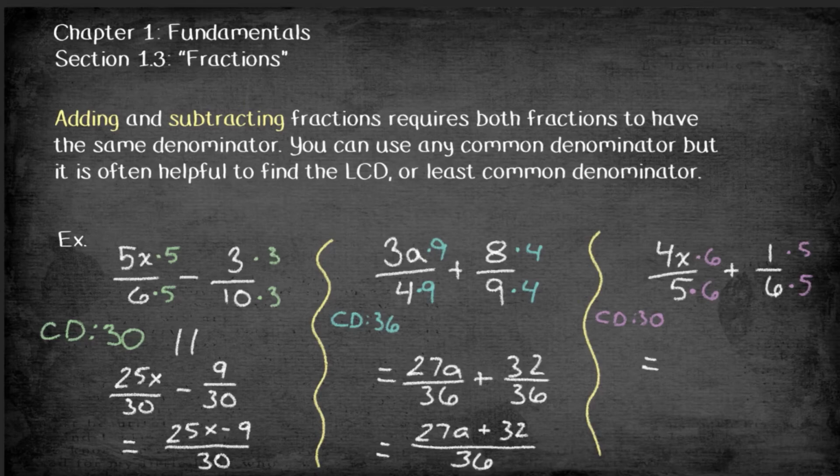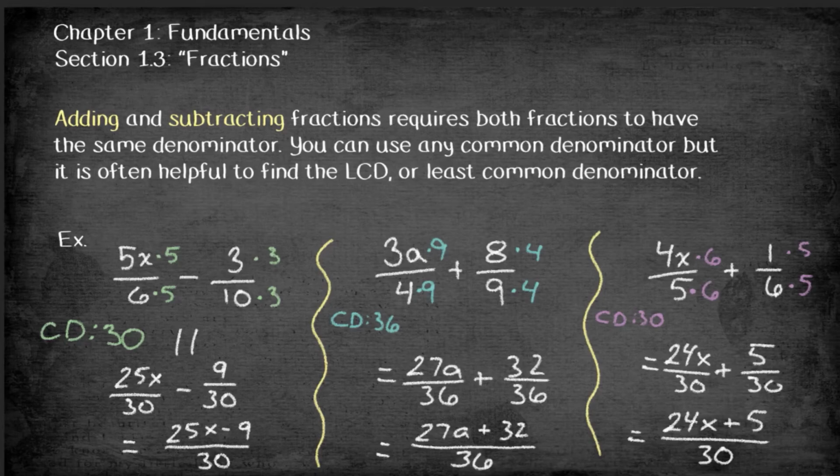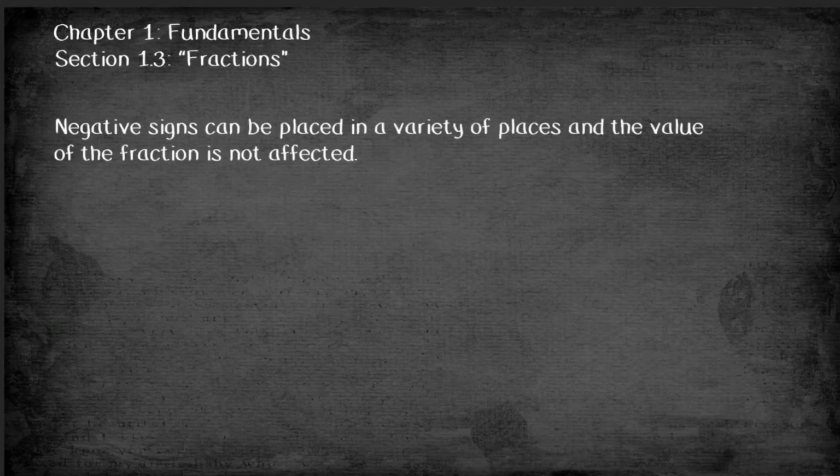After doing that, I get 24x over 30 plus 5 over 30. So at the end of the day, we have 24x plus 5 over 30. And we're not really worrying too much about any simplifying. We just want to get ourselves used to the idea that we can add and subtract fractions that have variables in them.